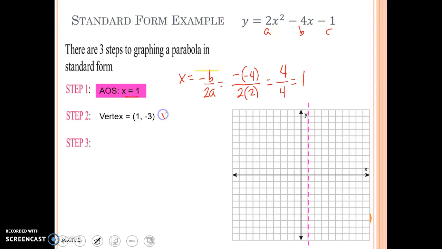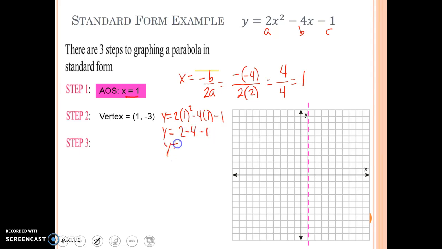So we're going to have y equals 2 times that 1 value squared minus 4 times 1, and then minus 1. And so we're going to simplify that out. Y equals 1 squared is 1, 1 times 2 is 2, then 4 times 1 is 4, so we're going to have a -4, and then we're going to have that -1.